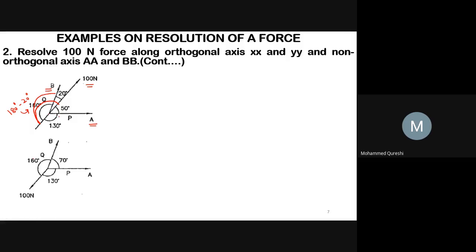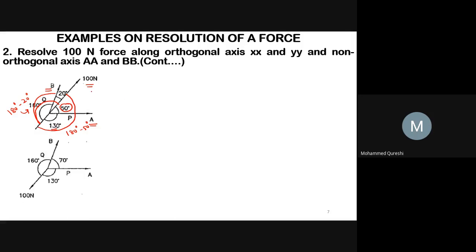Then here also the total is 180 degree, and out of 180 degree we have this angle given as 50 degree. So 180 minus 50 degree, you will get 130 degree.